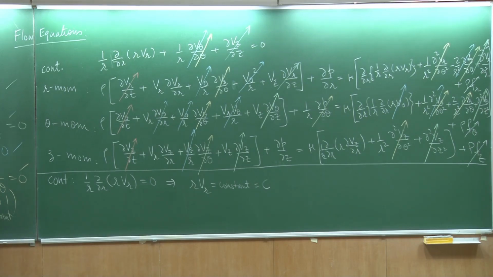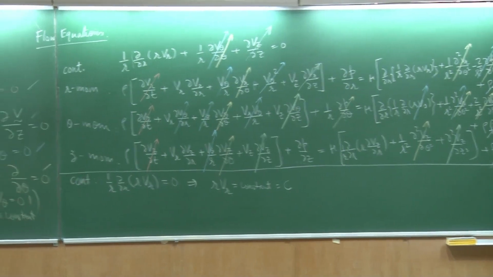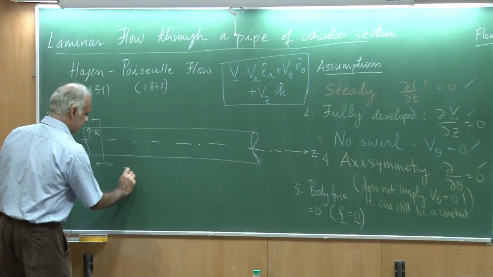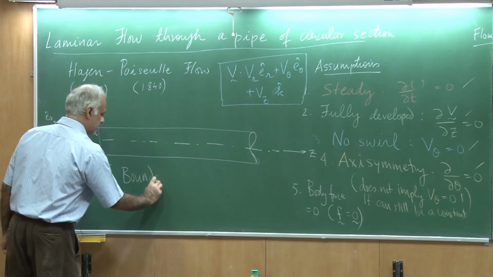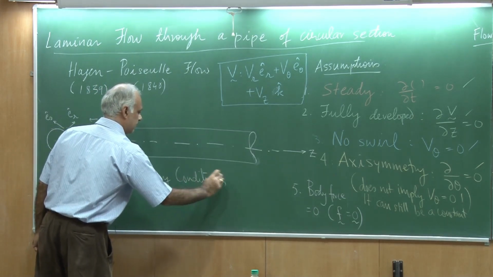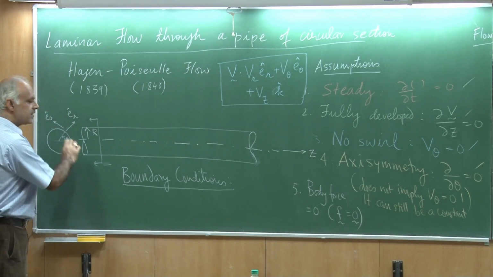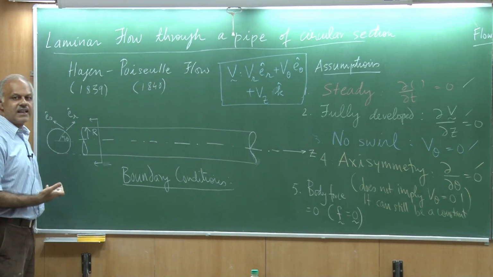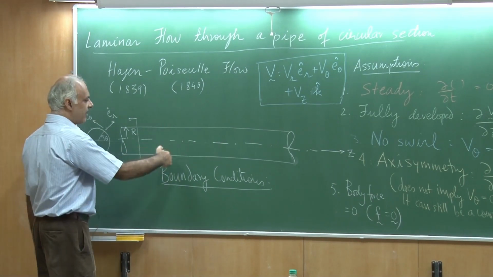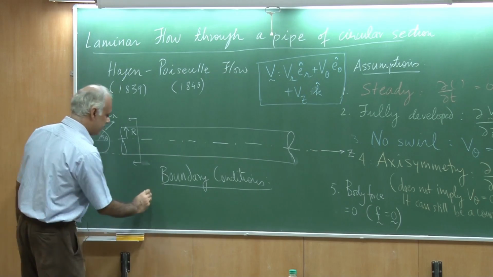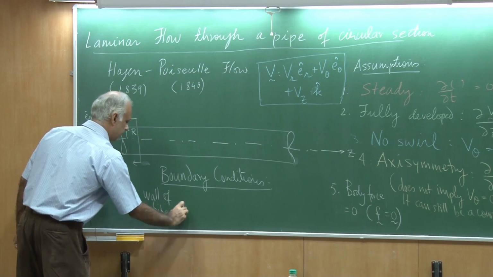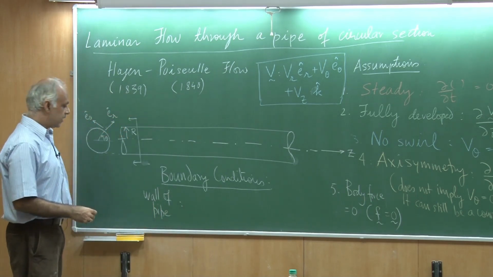Okay. Now let us come back to the problem description and try to look at the boundary conditions. This is a flow inside a pipe. So there is nothing like a far field boundary condition. Okay. The only condition we have is on the wall of the pipe. And there we would have to follow a no slip condition.